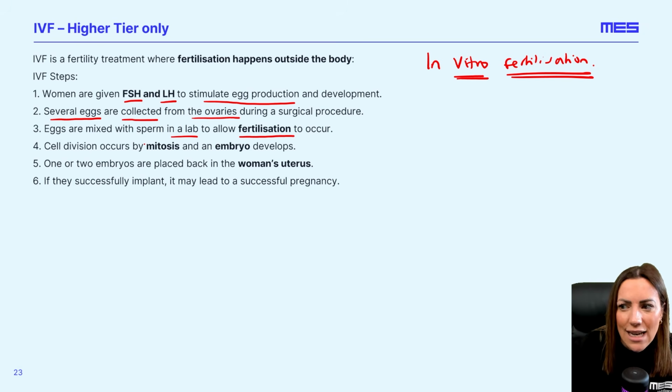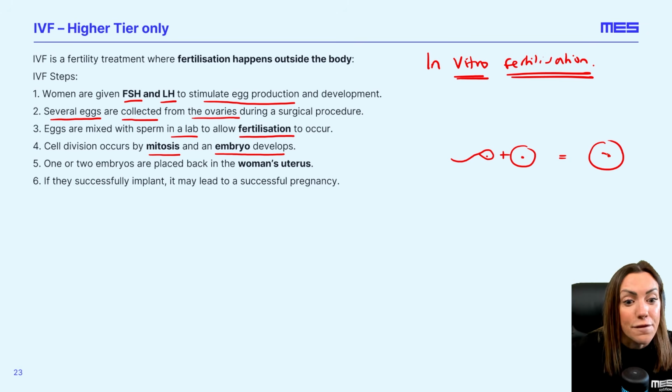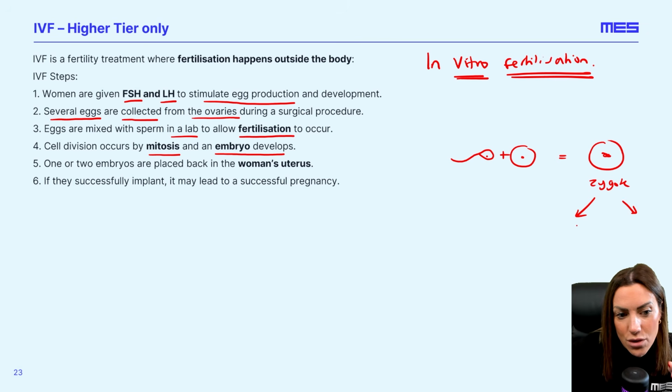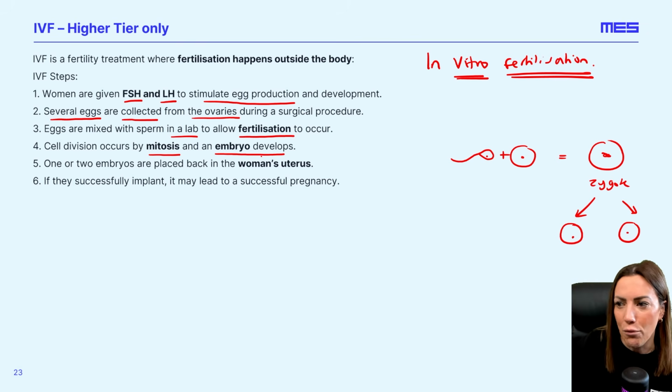And if fertilization has taken place, then we'll start to see embryos develop by mitosis, because the sperm cell fuses with the egg cell to form the fertilized egg cell or the zygote. And then that zygote will start to divide by mitosis. And you'll end up with a cluster of cells that we call an embryo.